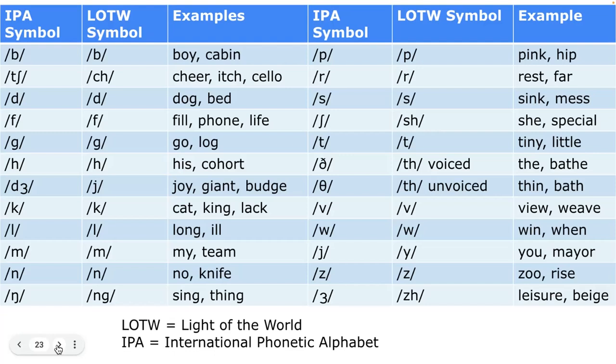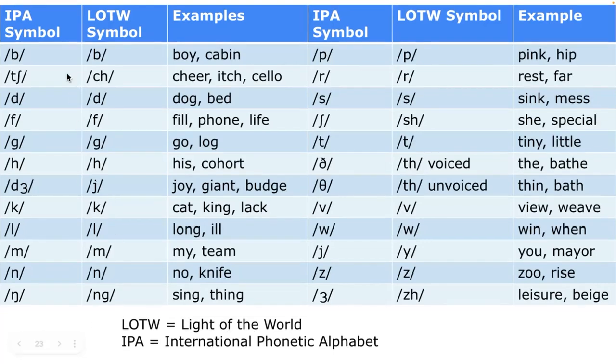Okay, so let's take a look at some of the consonants quickly. And again, you'll see on the left the International Phonetic Alphabet symbols that you may see in a dictionary, and then the Light of the World symbols that we use for these.